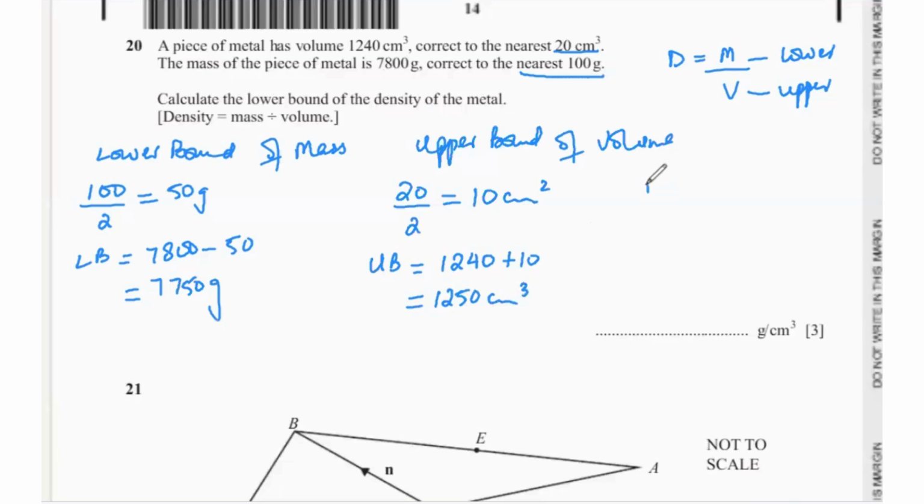So density would be 7750 divided by 1250, and that gives us 6.2 grams per centimeter cube. That is the lower bound of the density.